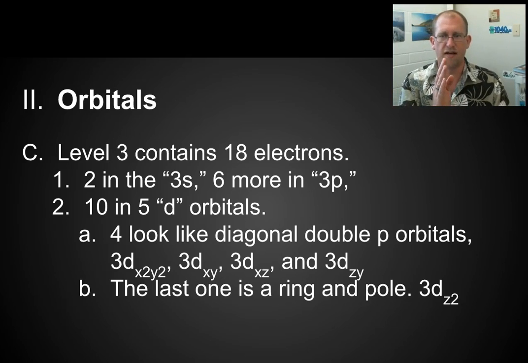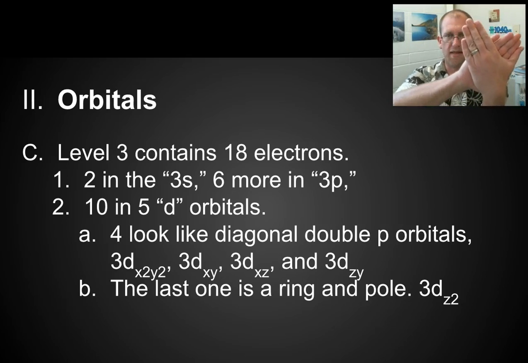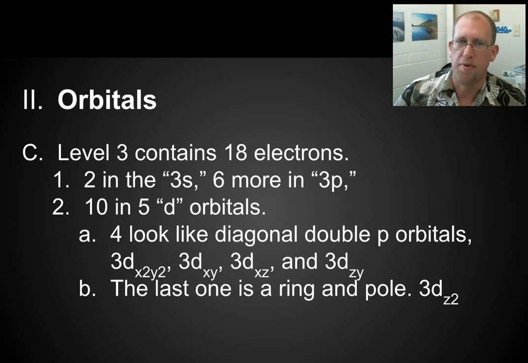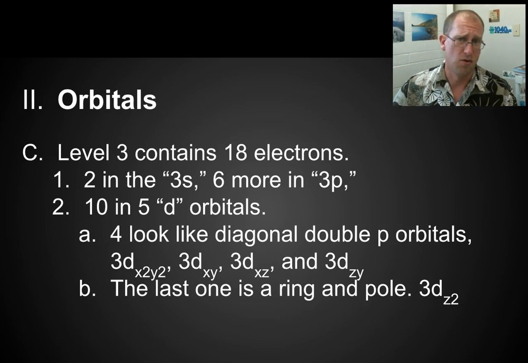So instead of just like x-axis, now it's like this, right? There's 2 of them, and they can be like this, and they can be like this, or they can be like this, or they can be like this. They're diagonal, and they're double p looking things, which means they have 4 sticky outy blobs, okay?